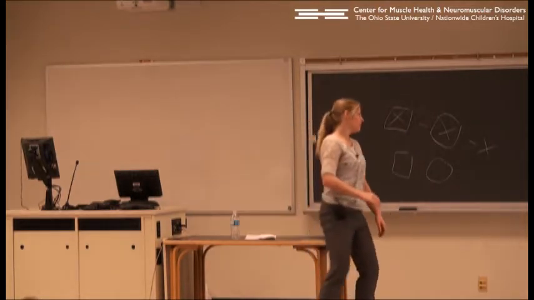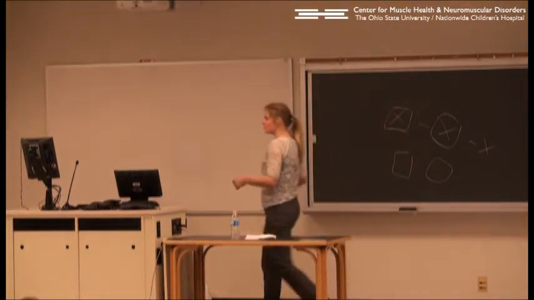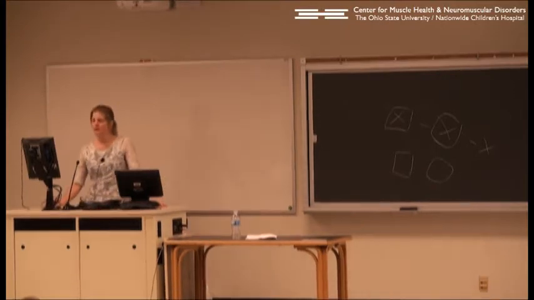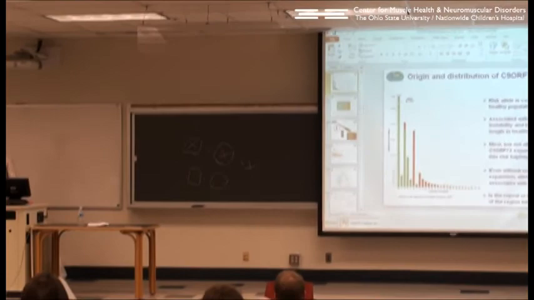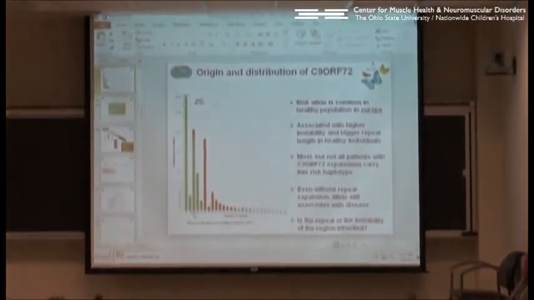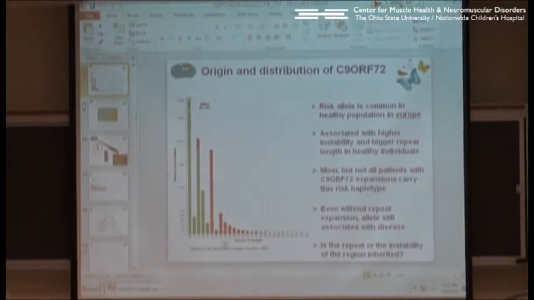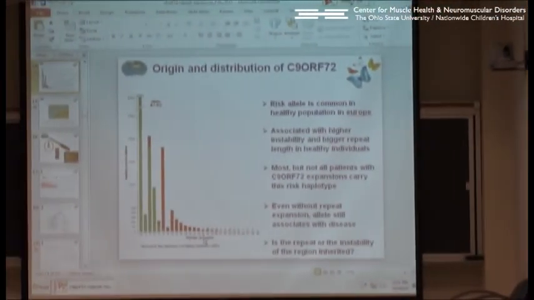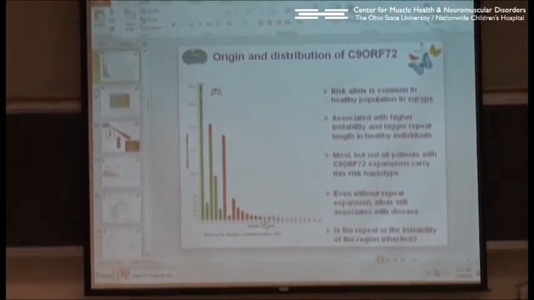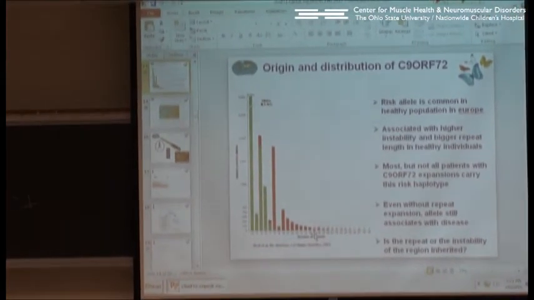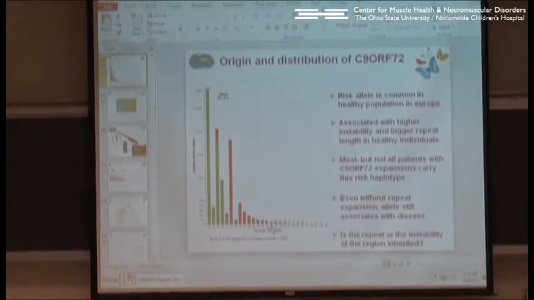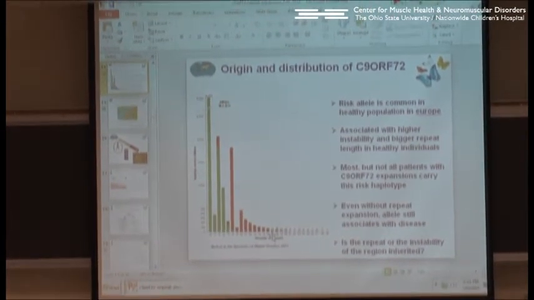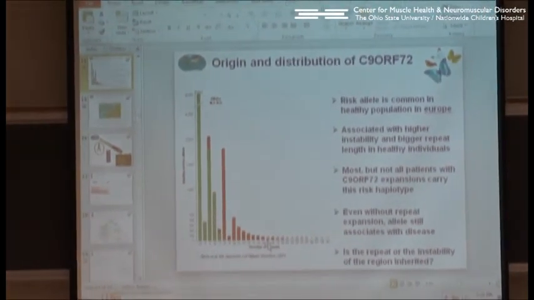I mean, this is clear. This has been shown also in the unaffected population that carriers of the allele A, even though they're healthy, they're tending to have bigger repeats. So there's something on this haplotype of allele A that is actually allowing these repeats to happen more.